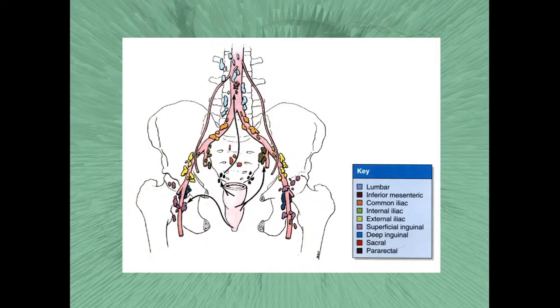From the anal part of the rectum, which is related to the perineum, lymph drains into the superficial inguinal lymphatic nodes, then to the external iliac lymph nodes, common iliac lymph nodes, to the lumbar trunk, and finally to the thoracic duct.